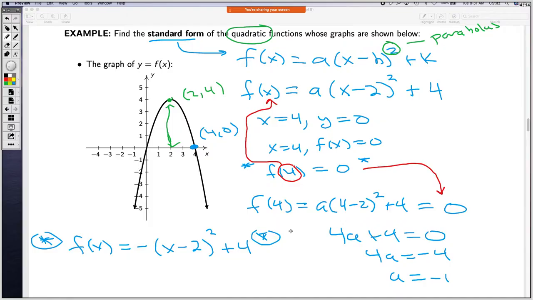So any questions on that? Vertex will give you h and k, and then another point on the curve will help you with finding a.